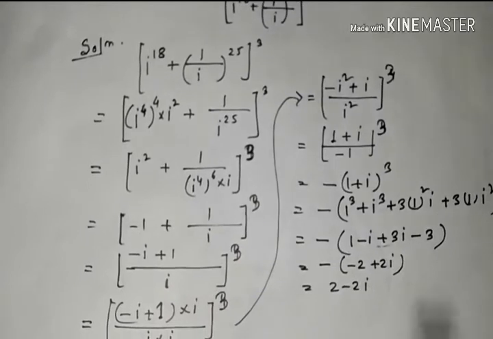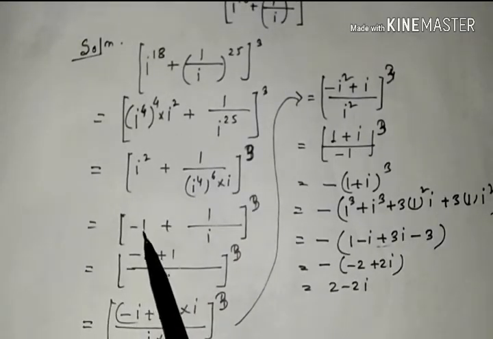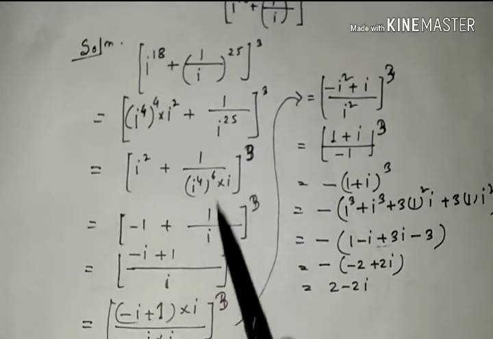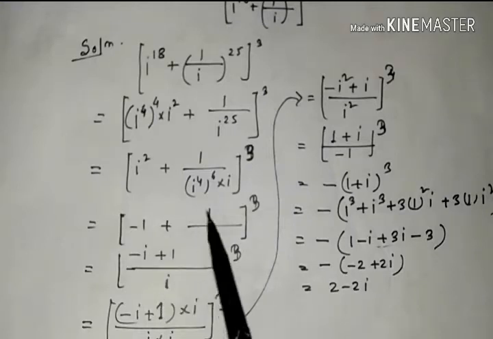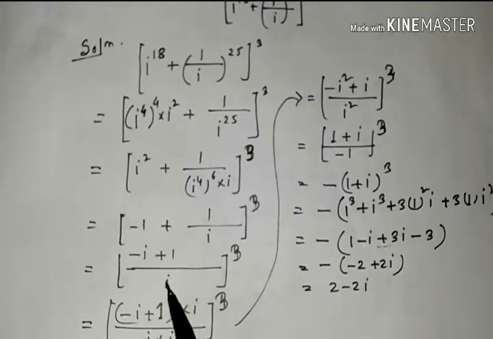Next, i² is equal to -1, plus 1/i, which is -1 + 1/i, after taking LCM. Now we have to remove i from the denominator.